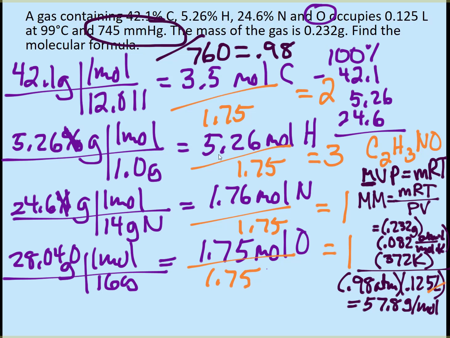So let's see, liters cancels out, atmospheres cancels out, Kelvin cancels out, and I'm left with just grams and moles. So you see, if you write the units, then you know that you have the right answer. So I know molar mass should be in grams per mole, and that is what my ideal gas law helps me get. All right, so that is our molar mass.